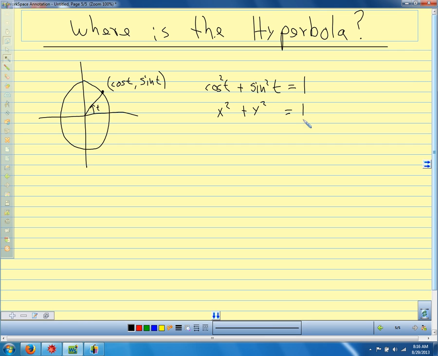So that's where all these identities come from. This is circular, our normal trigonometry. And if we look at the area of the sector swept out here, the area of the sector is t over 2.